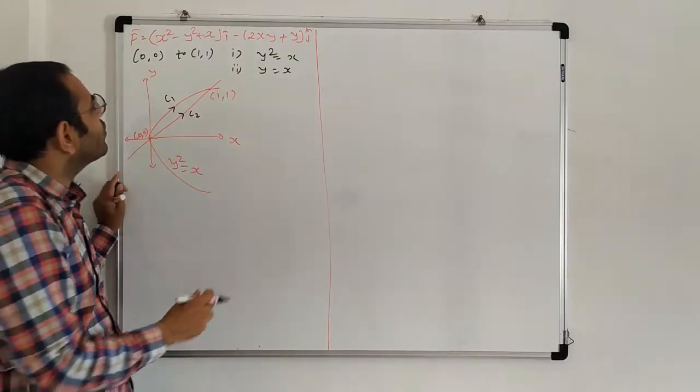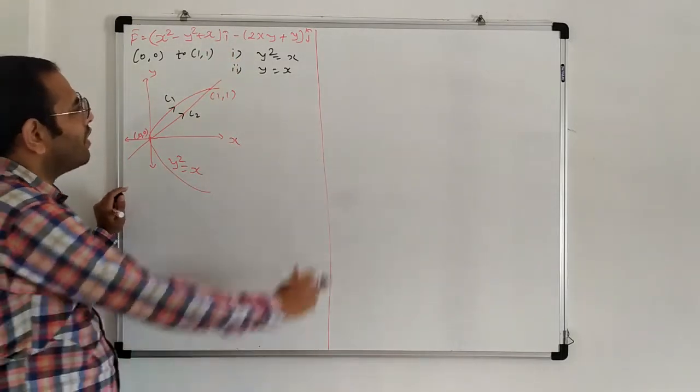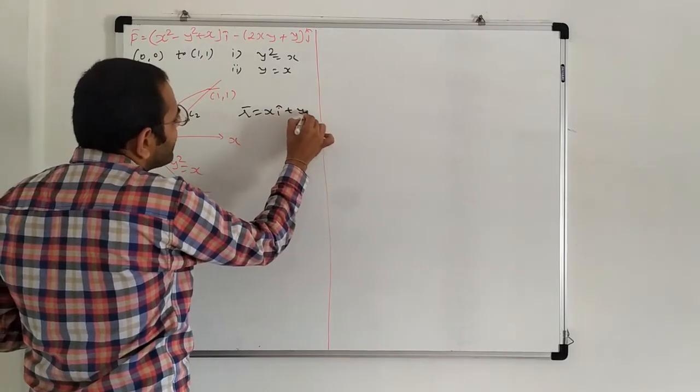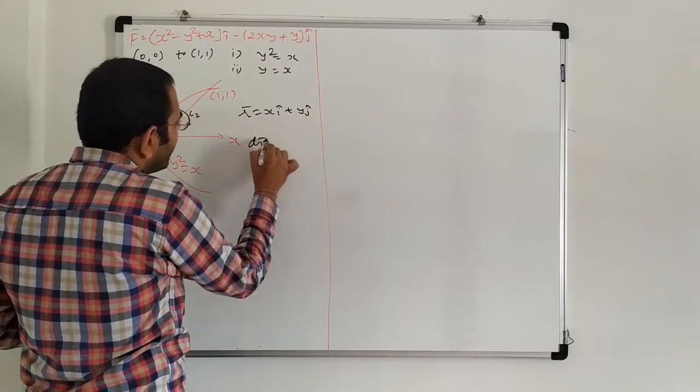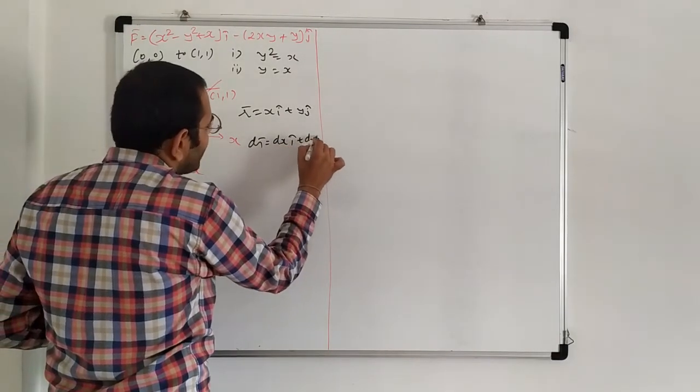According to F bar in two variables x and y, our position vector r bar equal to xi plus yj. Then dr bar equal to dx i plus dy j.